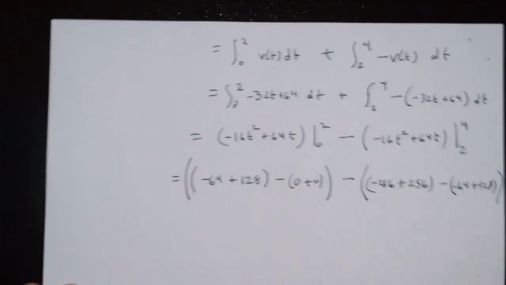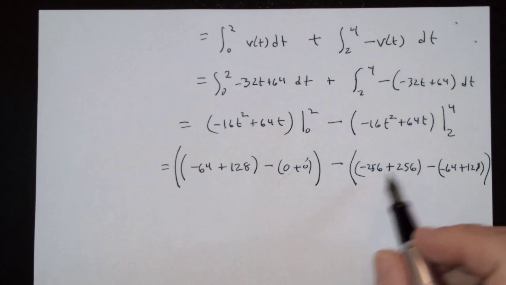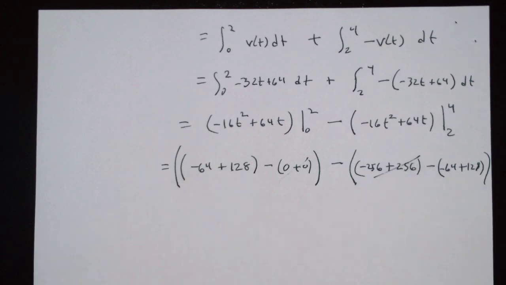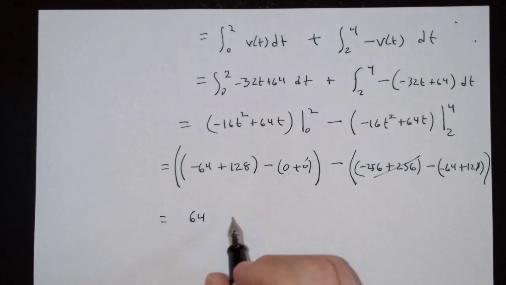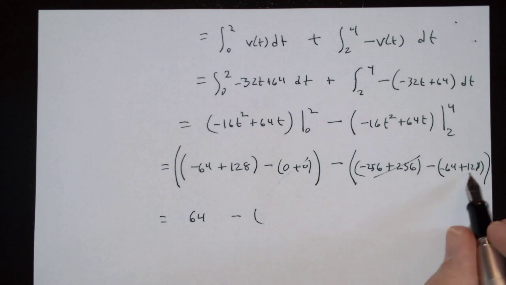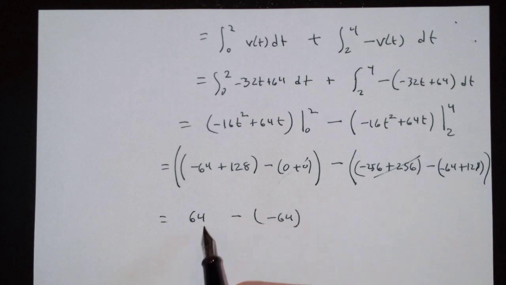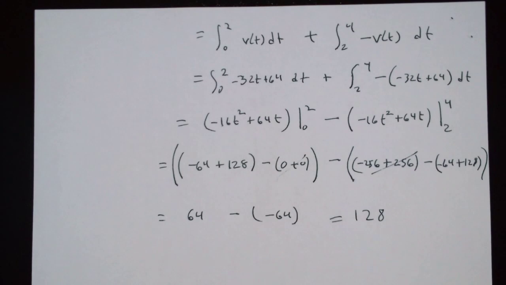Now, why is this better? Well, what happens here? That's 0. That's 0. What's 128 minus 64? So this is 64 minus, that's 64 again, but there's another minus sign in there. Oh, 64 up and 64 down gives me a total of 128 traveled.